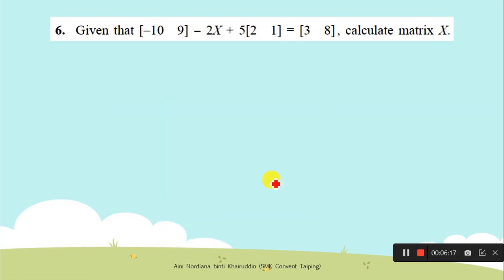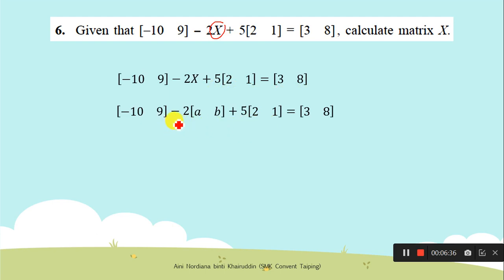Next, question number 6. Given that this matrix minus 2X plus 5 multiplied with this matrix equals to 3, 8. Calculate matrix X. So, this is the question. So, for X, write it in the form of matrix.